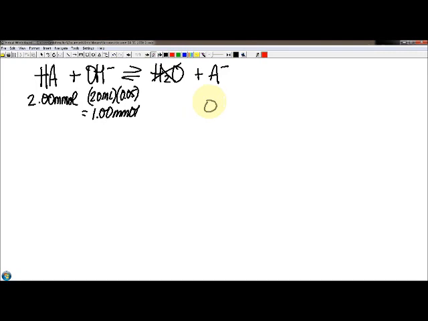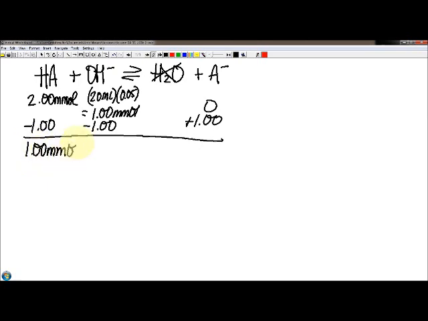So we are going to use up our base: we subtract 1 from the reactants and add 1 millimole to the product side. After the base has been used up, we have 1 millimole of acid left, 0 left for the base, and 1 millimole of the conjugate base.